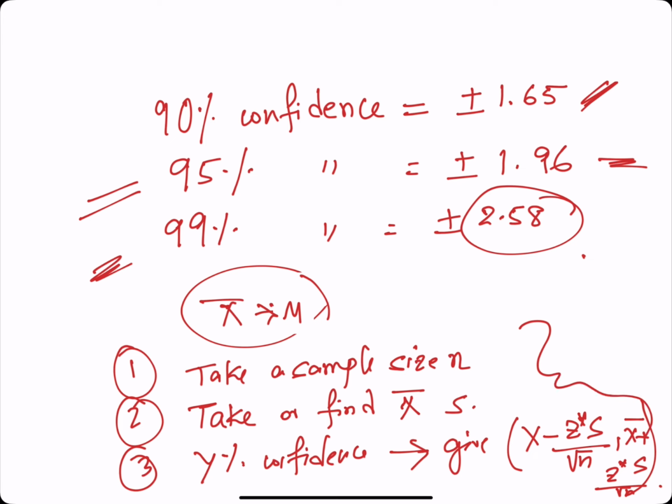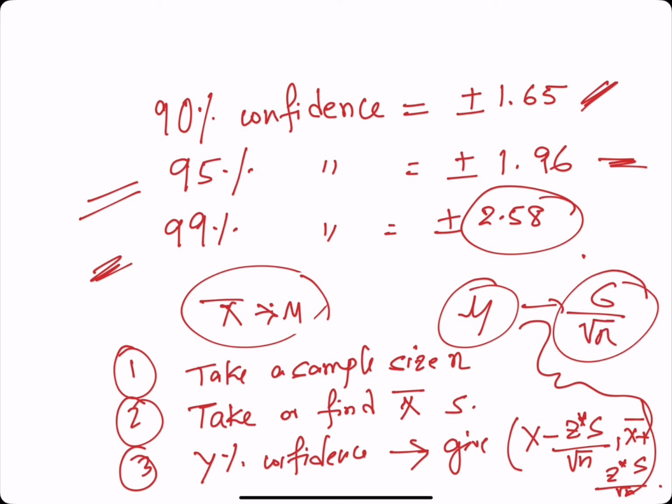You can only do this with the assumption of the central limit theorem. The central limit theorem lets you assume that the sample mean would be normally distributed with a population mean of mu and a standard error of sigma by root n. Using this assumption, it becomes possible to find many things such as margin of error, confidence level, etc.